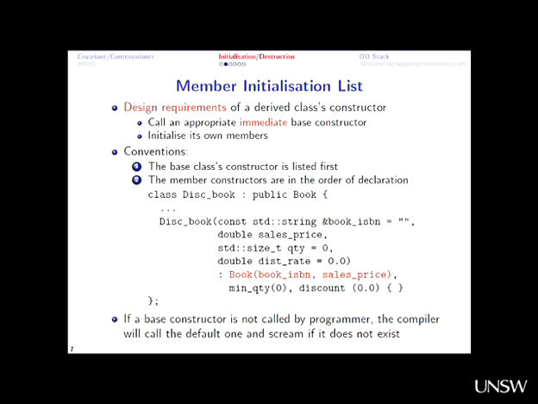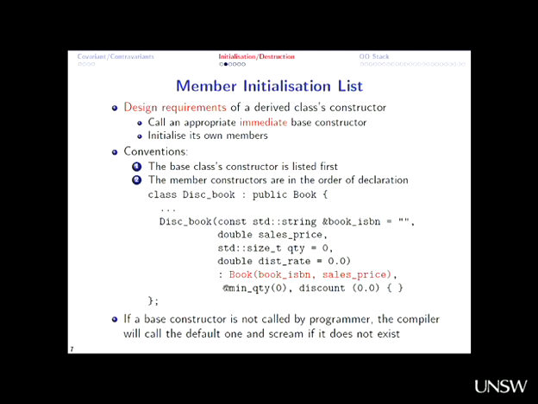Now, if the base constructor is not called by the programmer, say I did not put the call through to the book constructor, the compiler automatically does that for you. But it automatically calls the default constructor, so it doesn't know to pass through that data.